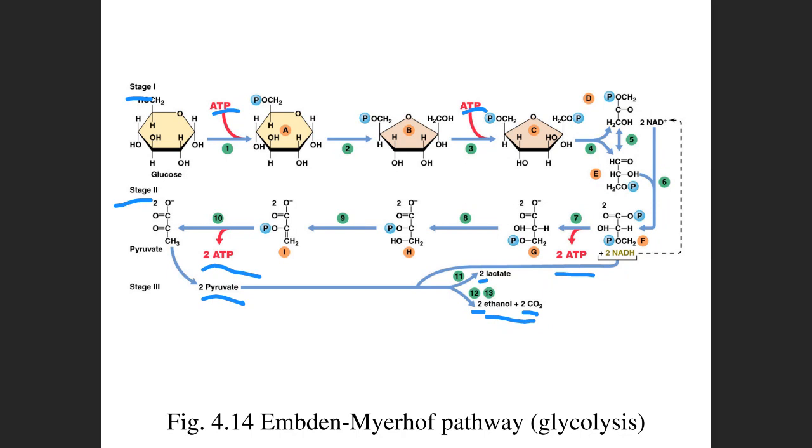And if you come here, lactate is a 3-carbon molecule, and ethanol is a 2-carbon molecule. So 2 is 4, and then 2 CO2. So together they are 6 carbons. Right? So this is how you keep track of the process and how many things can be generated.